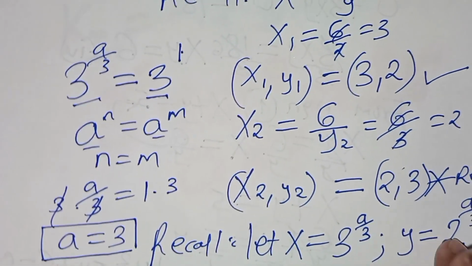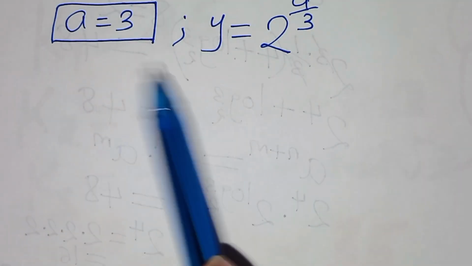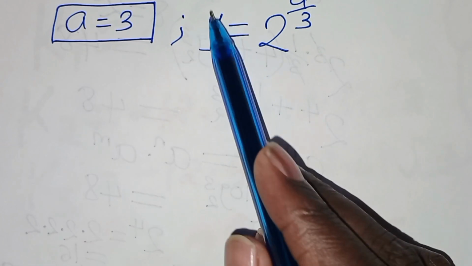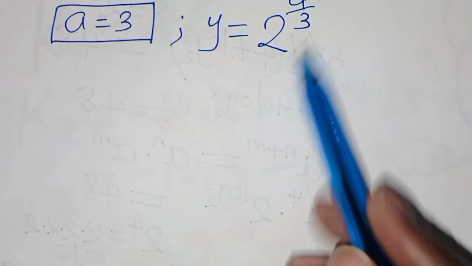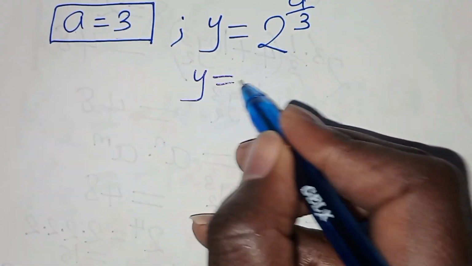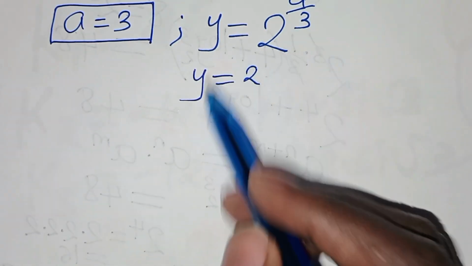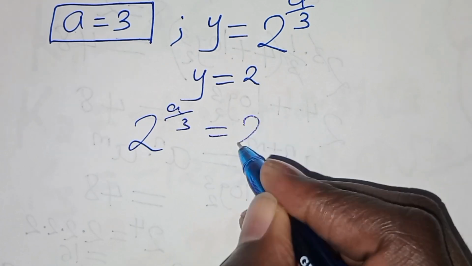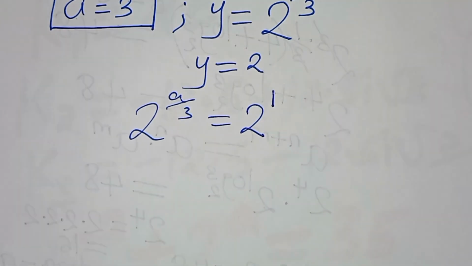Now by examining with reference to x, the value of a is equal to 3. Now we have y is equal to 2 to the power a over 3, and given that y is equal to 2, let's examine. By checking this, we'll have 2 to the power a over 3 is equal to 2. So this 2 is raised to the power 1.